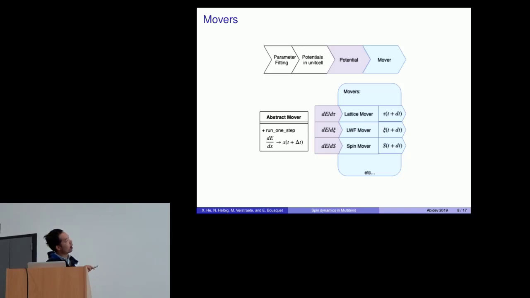And using this equation of motion, we use the input from the potentials and update the state of the system. So each of the movers should have something like a run-one-step function that does the update. Using this abstract data structure, we hope we can make the implementation of the potentials very easy.